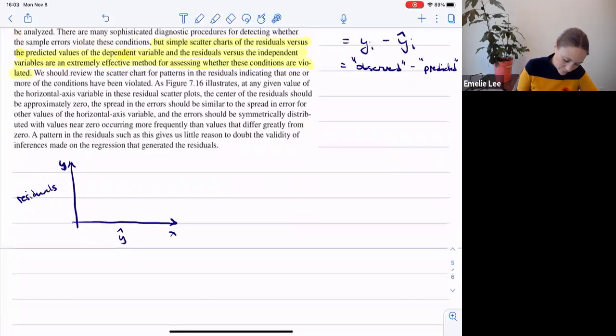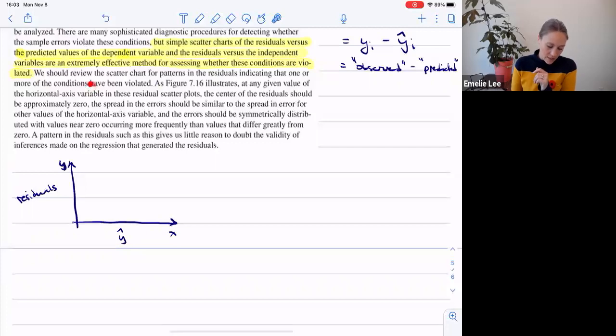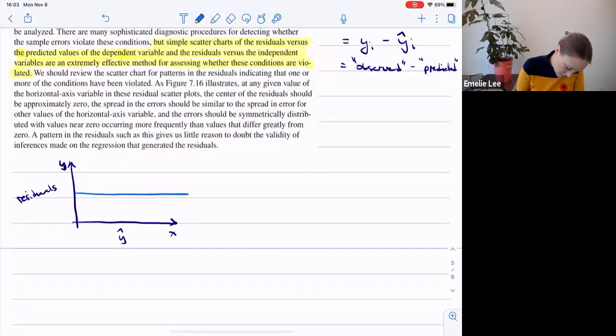What we're going to look for is that the residuals should be scattered around 0. Look for random scatter around 0.